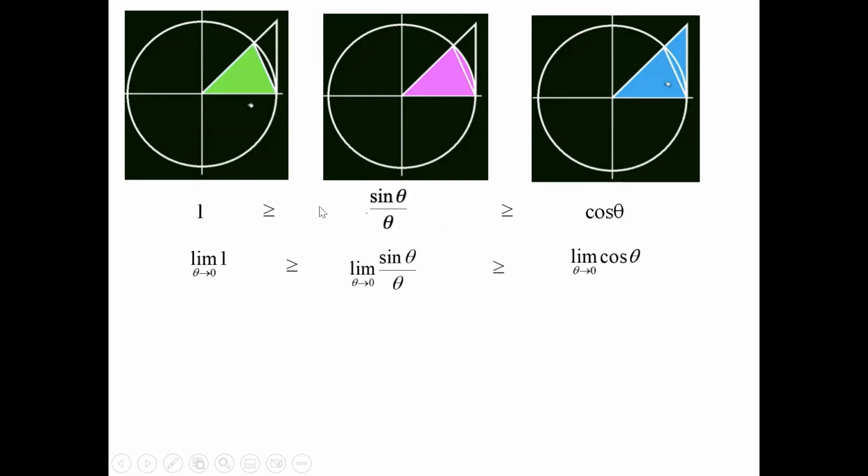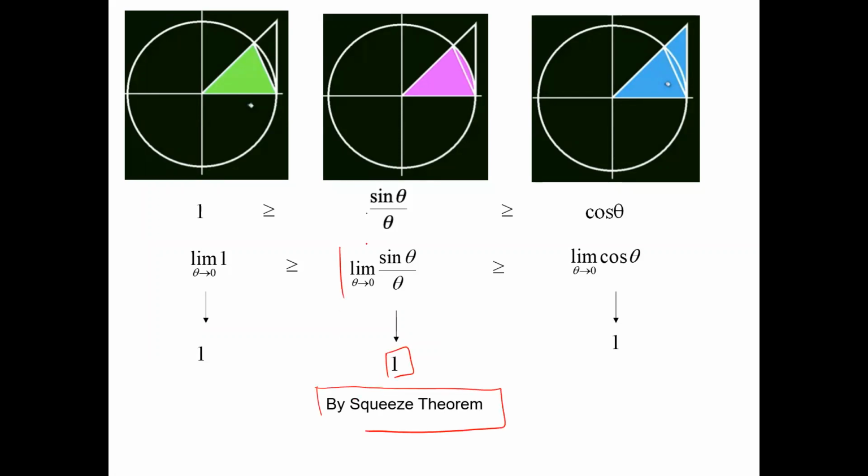Now we're ready, because I can take these expressions and calculate the limits as theta goes to 0. The limit of the constant is 1, and cosine at 0 is 1. By the squeeze theorem, the middle limit is forced to be 1. This is the proof based on the squeeze theorem. From now on, we may definitely use this limit and say it is 1.